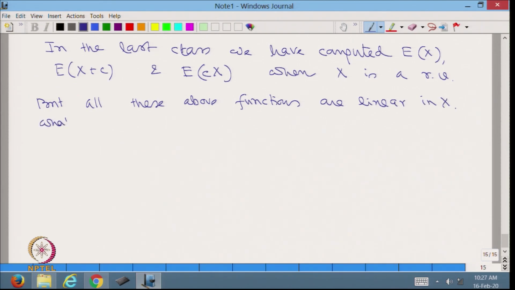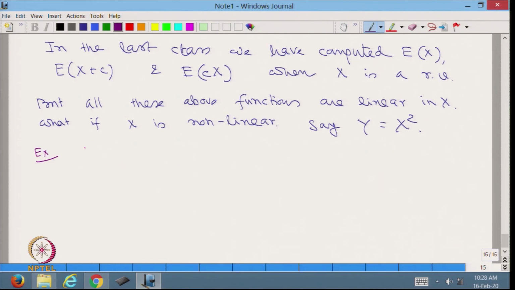What if x is nonlinear? Say y is equal to x square.